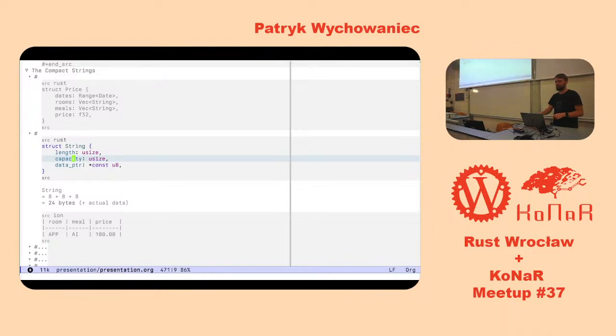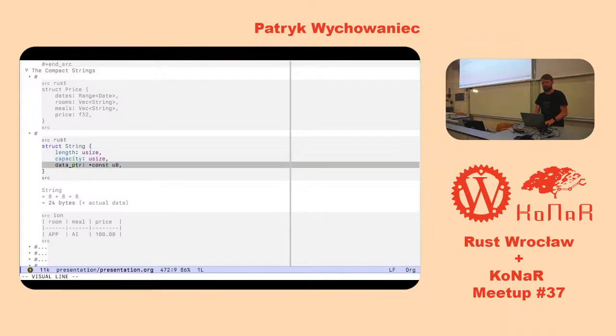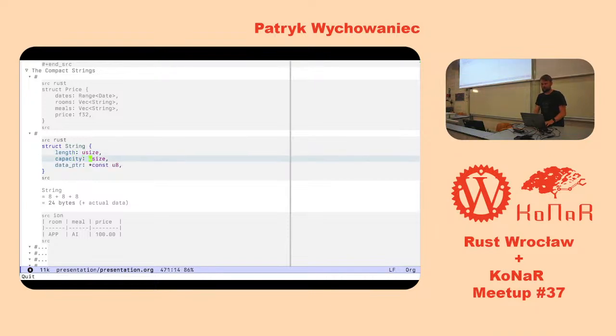So you can have a vector of capacity 100 but length 5, which means it has 5 elements, but you can push 95 more to it without having to reallocate. And then you have the pointer to the actual data. Those are all usize, so this is 8+8+8 plus the size of the actual data, whatever the pointer points to.